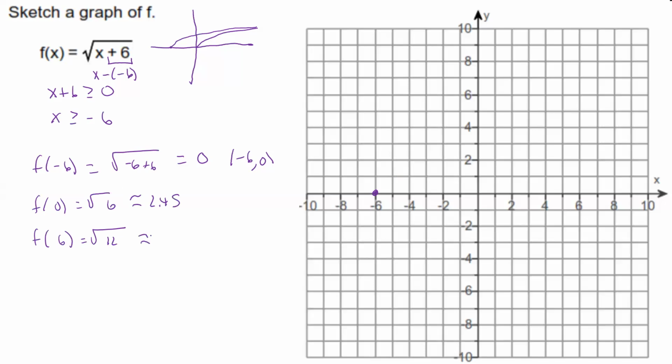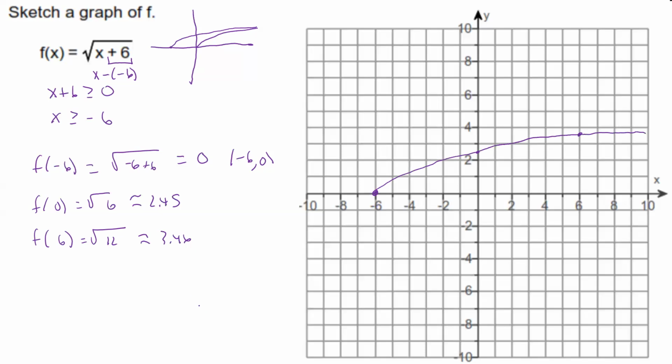And the square root of 12 is going to be about 3.46. So again, it's nothing I can do very good. So 0, 2.45, so somewhere in here, and 6 is going to be 3.45 or 46, so somewhere in that vicinity. So again, freehanding this is going to look something like that.